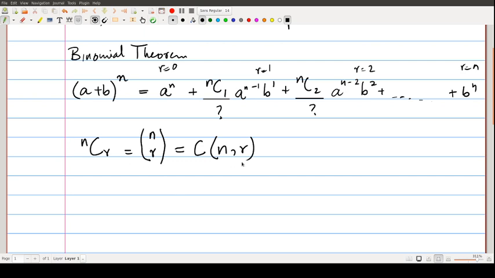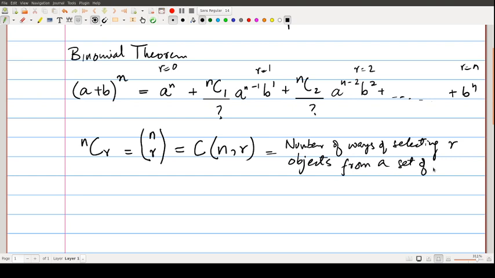All of this is just saying the number of combinations, the number of ways of selecting, without any order, r objects from a set of n objects, right? And that's the theorem, right?